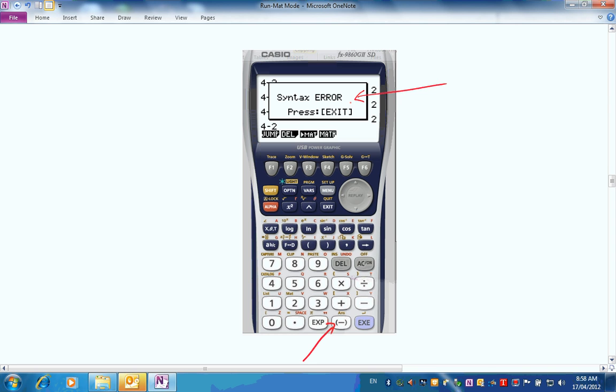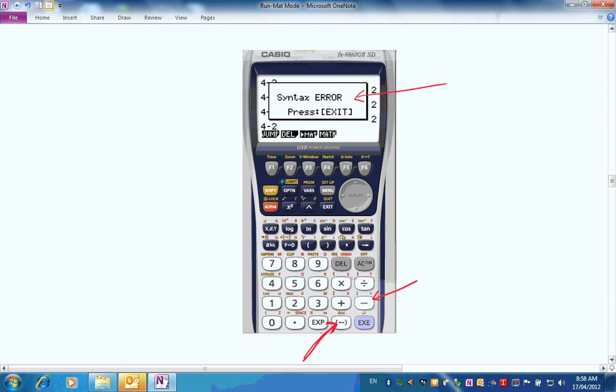Okay, so if that happens, it means probably you've chosen the negative sign when you really meant a subtraction sign. Now we want to repeat these calculations in linear setup because the two setups give the same results for this type of calculation. So we won't bother going to that one right now.